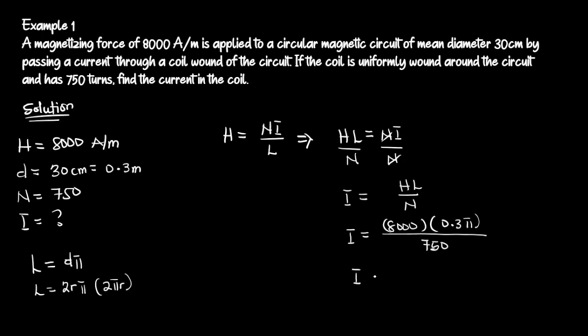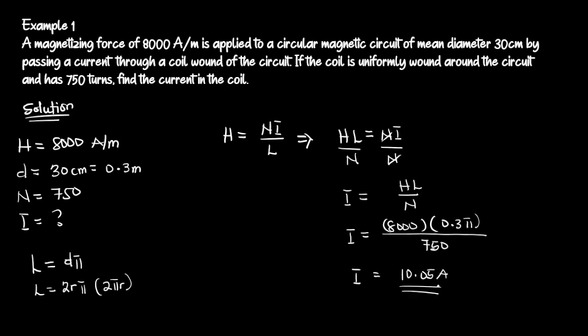So if I multiply 8,000 by 0.3π and divide by 750, I am going to get 10.05 amperes as my answer.